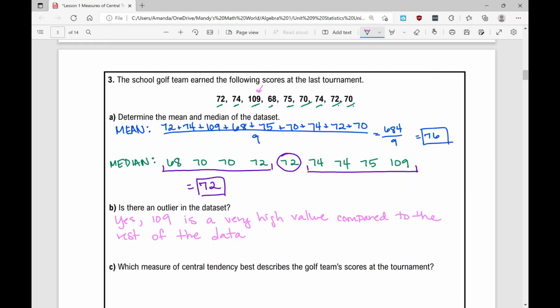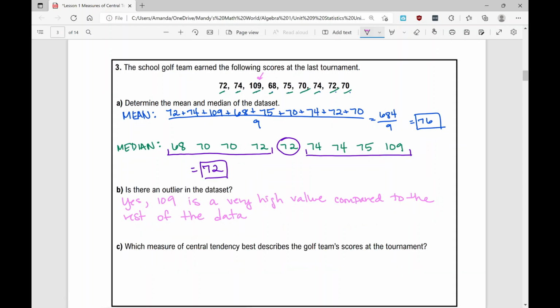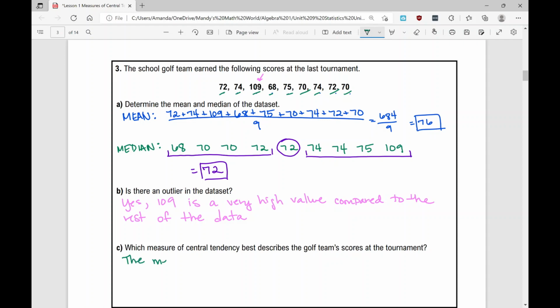And then which measure of central tendency best describes the golf team's scores at the tournament? Well, because an outlier exists, which really best describes the golf team's scores? The median. So I'm going to write the median. Oh, and it's not really working very well.